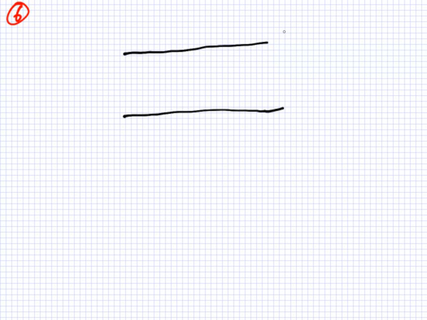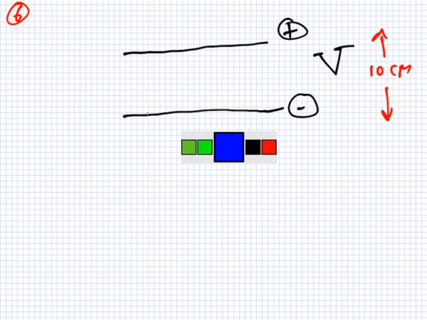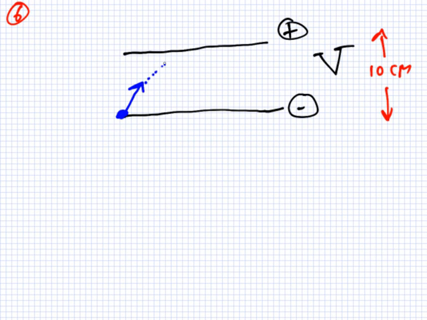This is positive, this is negative. We also know that the particle is fired at 45 degrees, just about misses the top plate, and then comes crashing down like that.